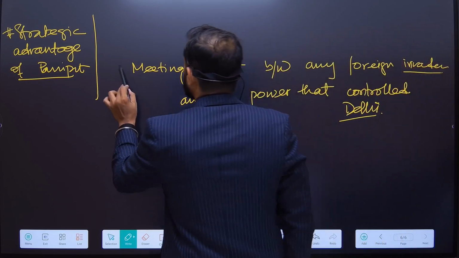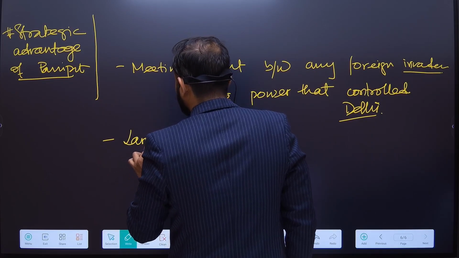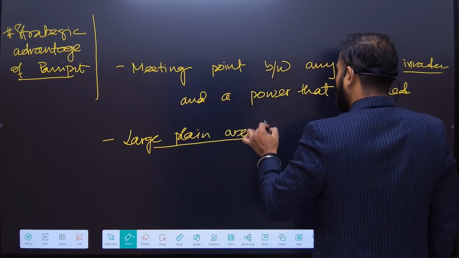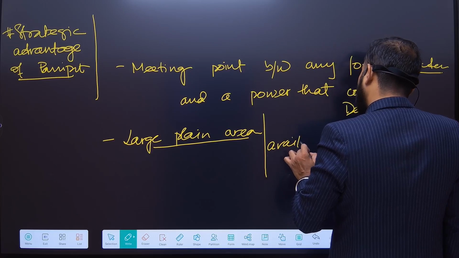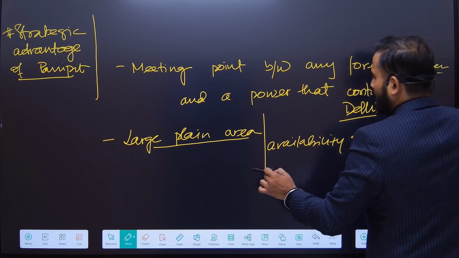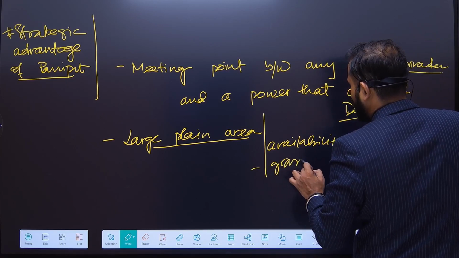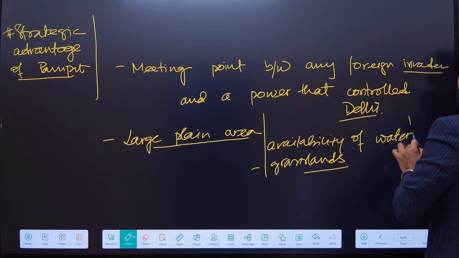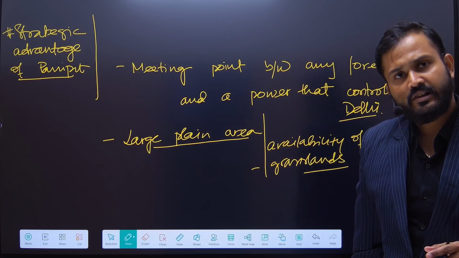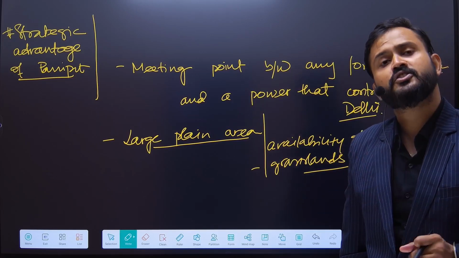Number one. Number two, large plain area, having availability of water, and grassland. That means food and fodder for cattle. For a large cavalry to meet, Panipat met the conditions.